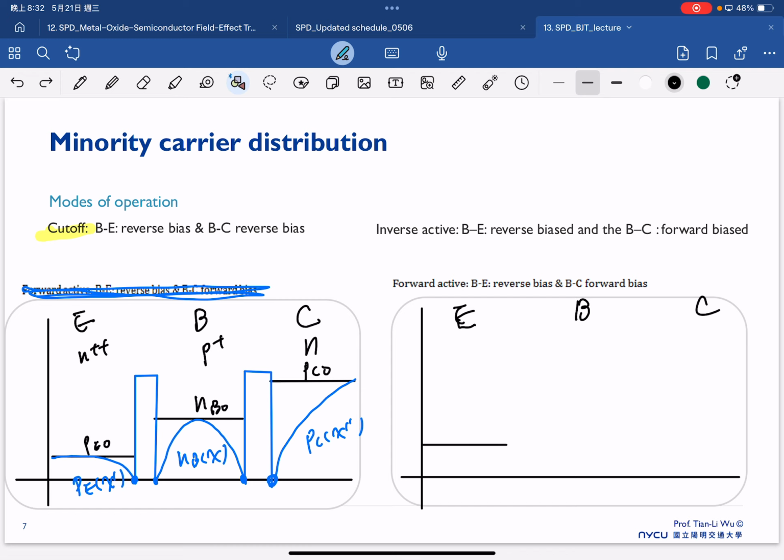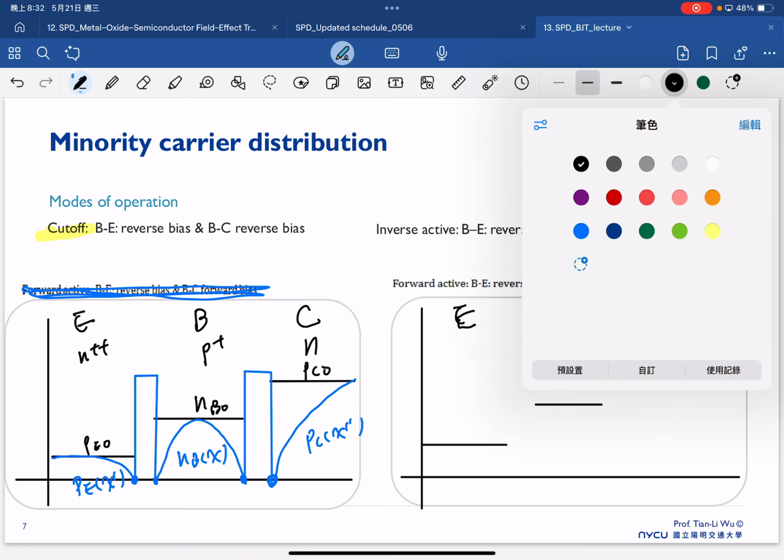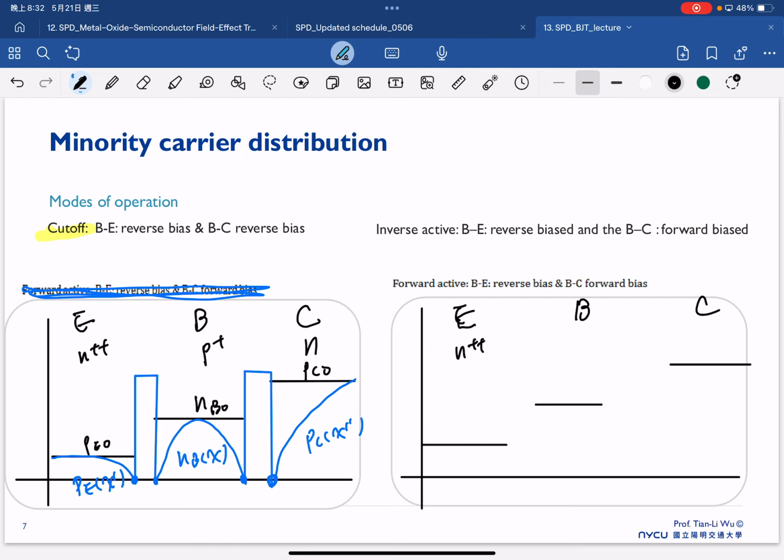Oh, sorry, it should be a little bit lower, and this one here. And because we are still considering N++, P+, and N here, in this case we have the PE0, NB0, and PC0 here.